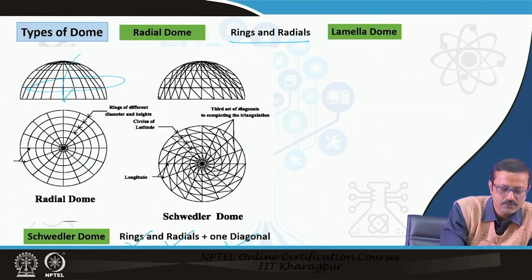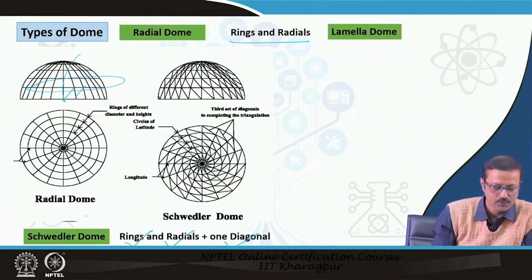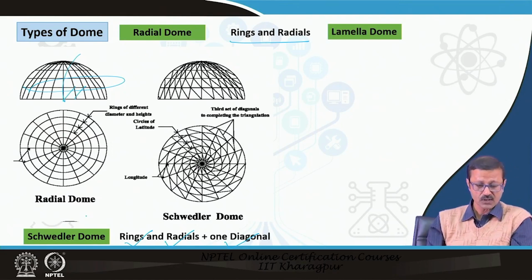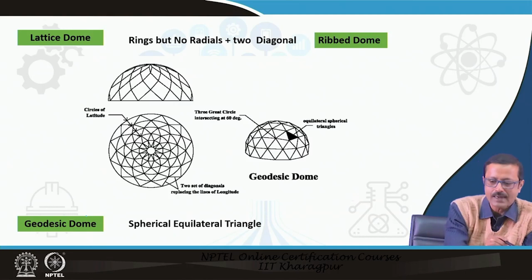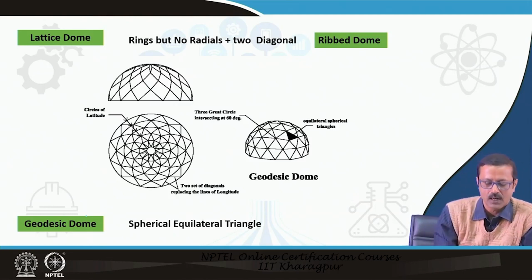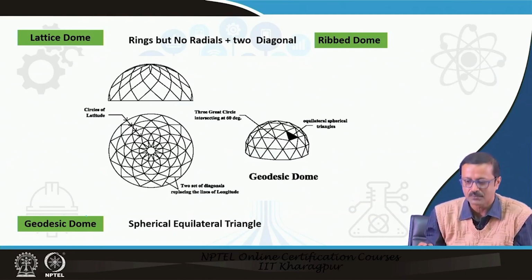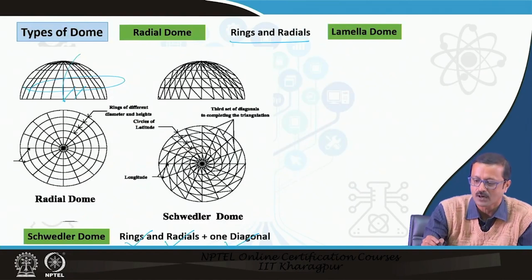See, the change is that if you just put in one diagonal, then it goes from the radial dome to the spherical dome. Next we go to the lattice dome. There is a small problem here: this one is called the ribbed dome, not lamina.